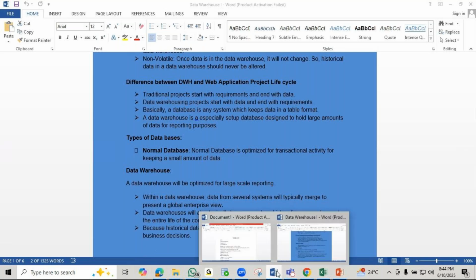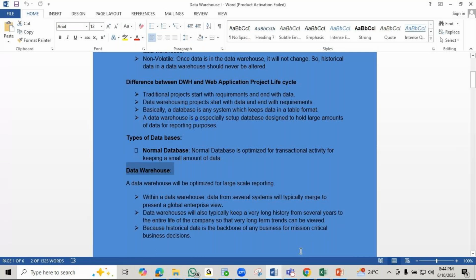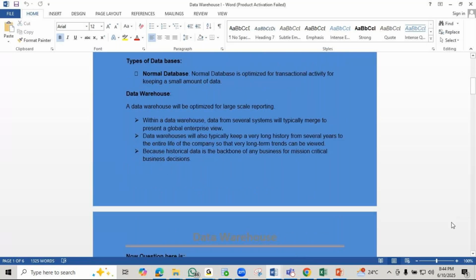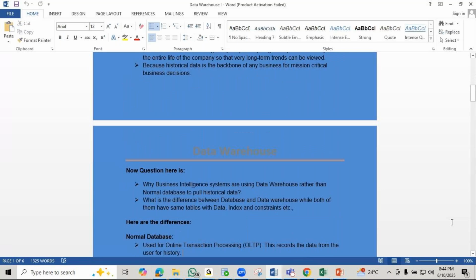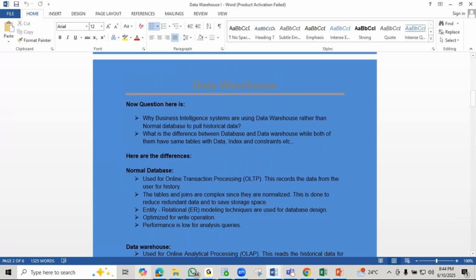So in the interview, if they ask why you are using a data warehouse, then you have to say due to storage purpose only. The storage of the data warehouse is very high compared to the normal database. The same thing I have mentioned here for the interview also.